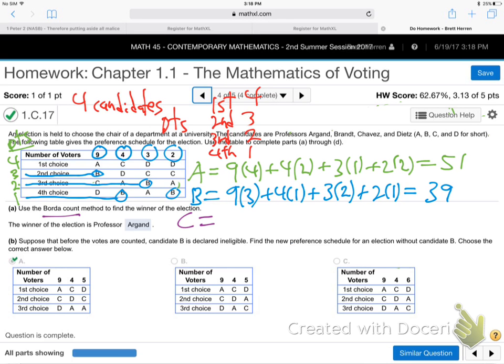So can you do C there for the Borda count method?